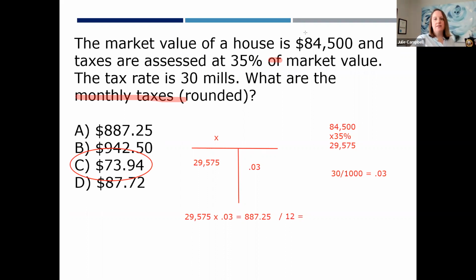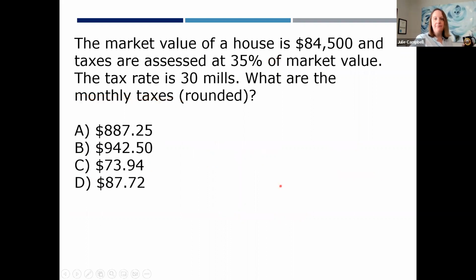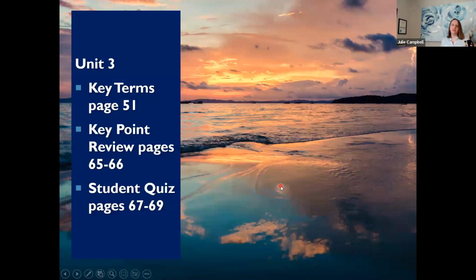So with all that being said, we are wrapping up Unit 3. Remember on Thursday, we have our key terms back at the beginning of Unit 3 on page 51. Your key point review at the end of Unit 3 is on page 65.